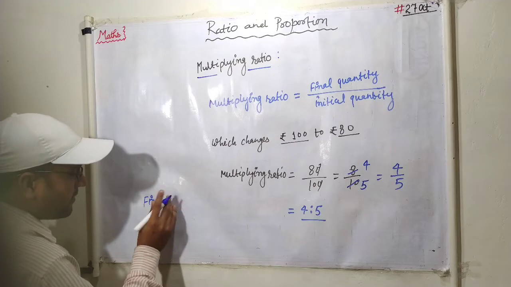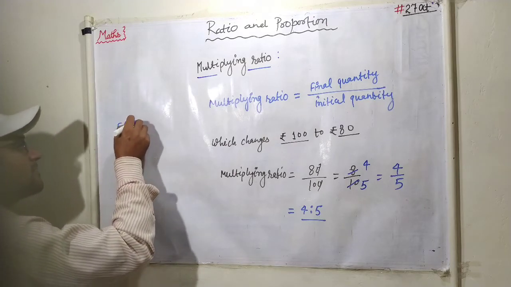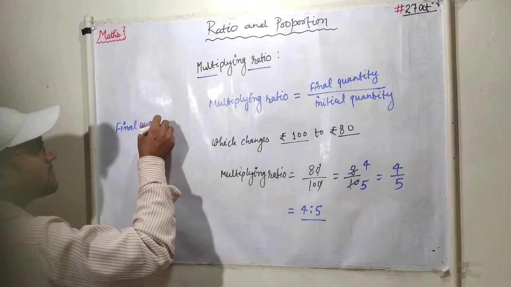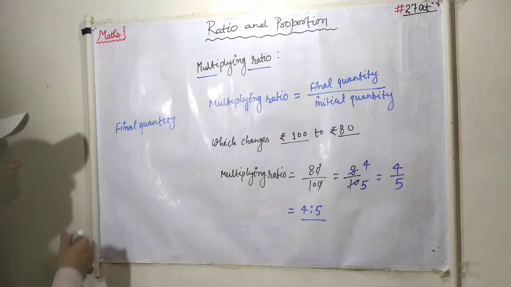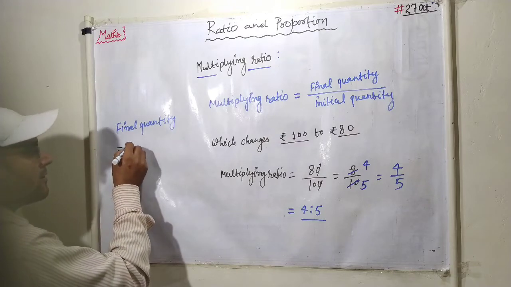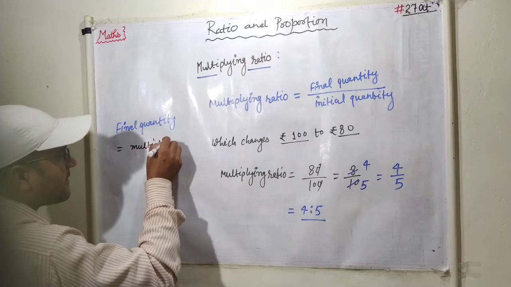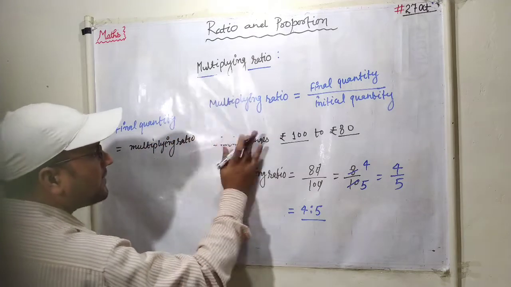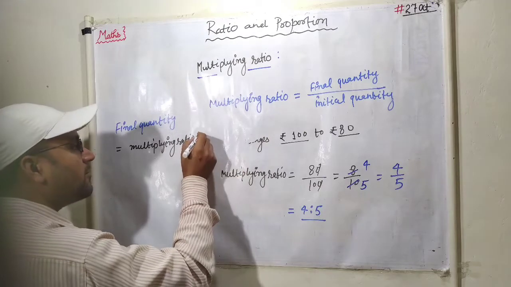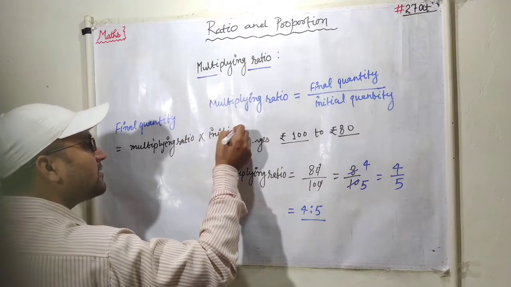Very important: final quantity is equal to multiplying ratio multiplied by initial quantity.